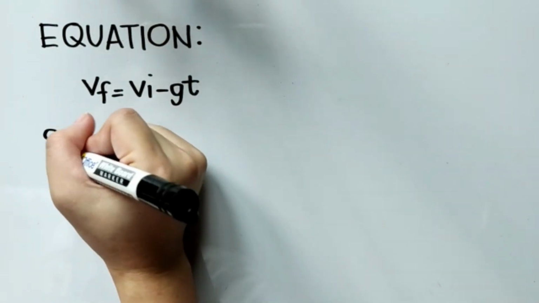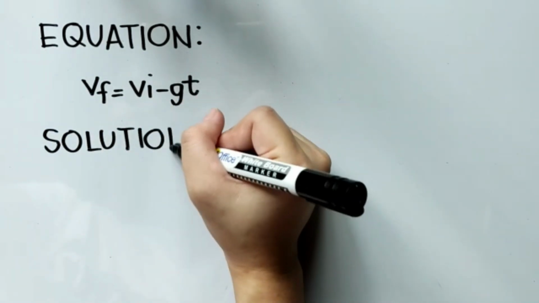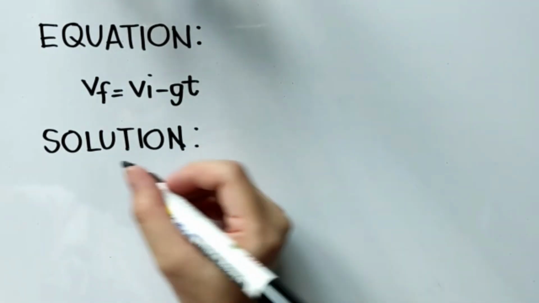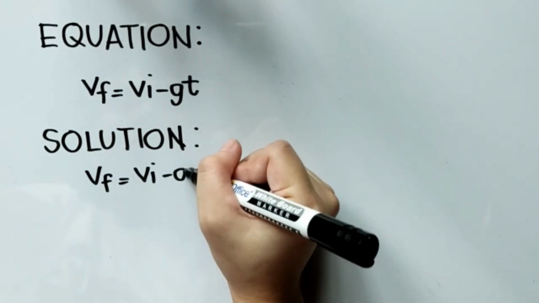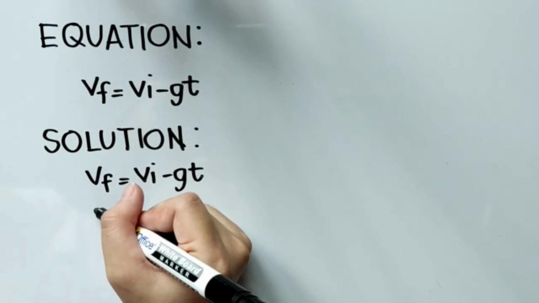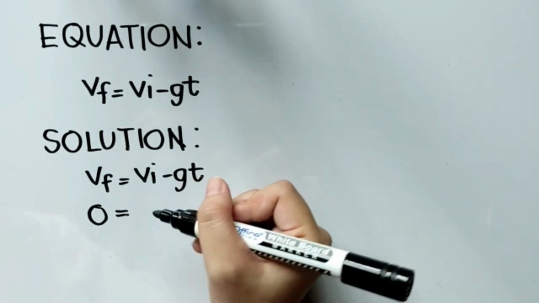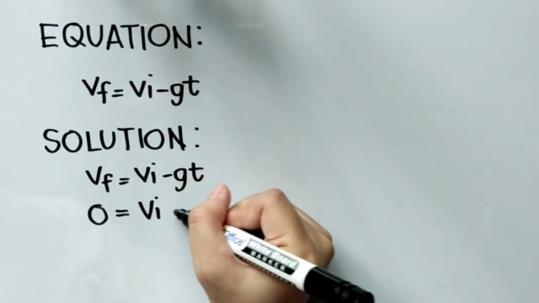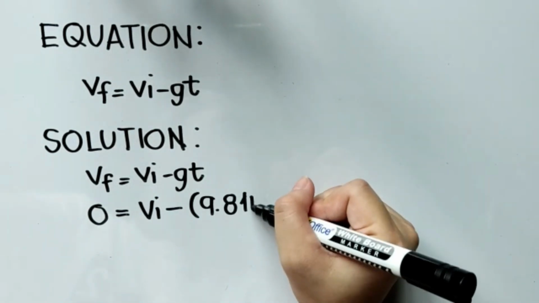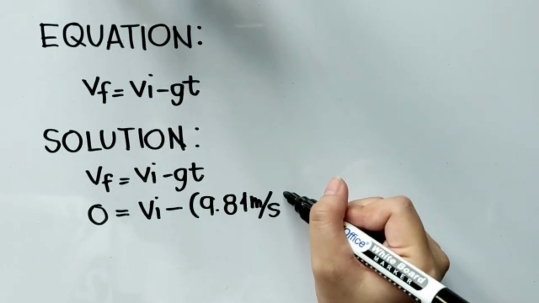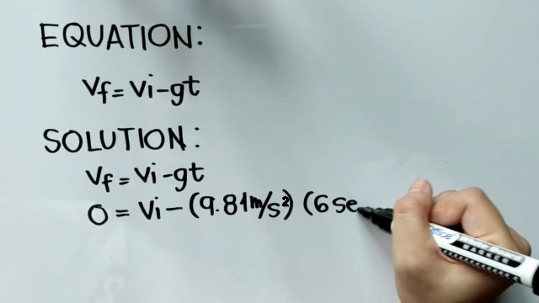Using this equation, we will only substitute our given values. v_f is equal to 0, equals the initial velocity minus the gravity, 9.81 meters per second squared, multiplied by the time, which is 6 seconds.